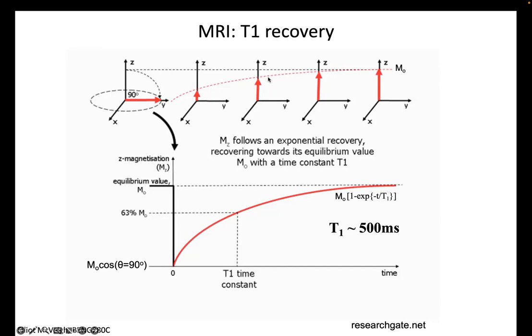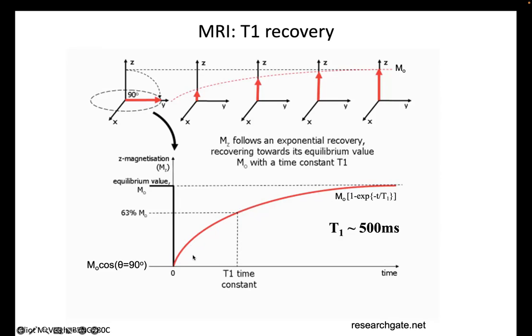Usually it's sort of the thermal properties of the stuff that's in the sample. So however the water is contained, if it's in liquid state and at body temperature, the magnetization will get back to its equilibrium value at a specific rate, and that rate is called T1.